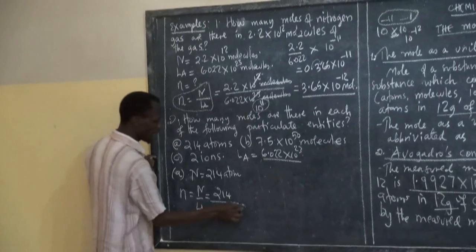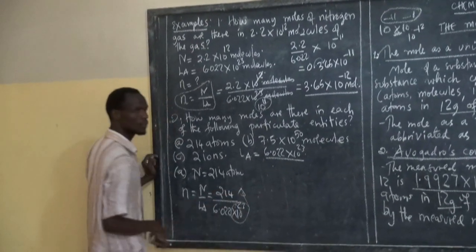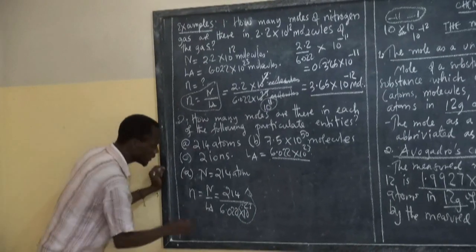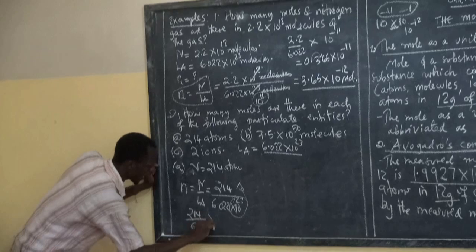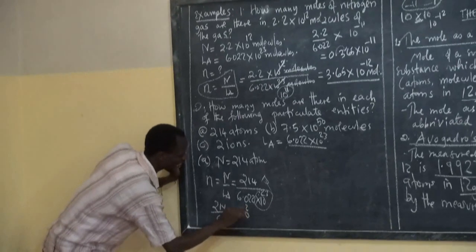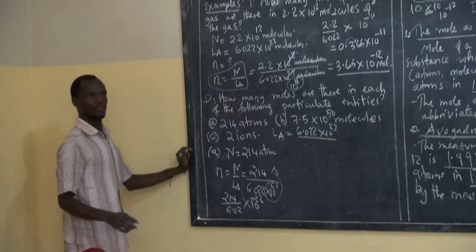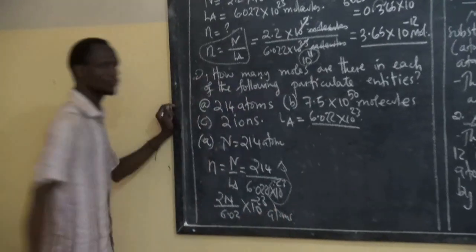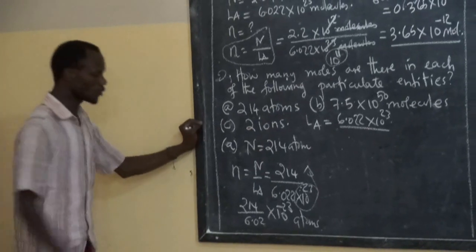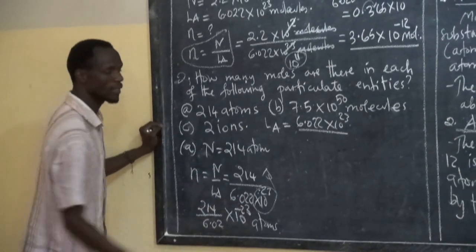Now, mathematically, this is taken to the other side. Then you have 214 divided by 6.022 times 10 power negative 23. Now these are called atoms. Now you may divide them according to mathematics. So you take this one, divide this one, multiply this one, you get it.